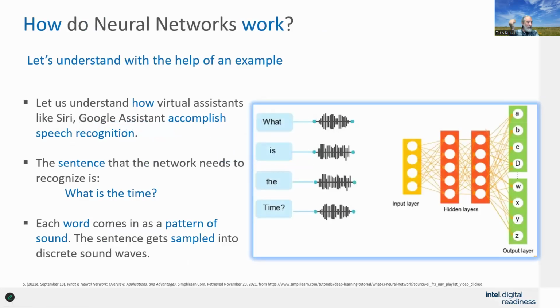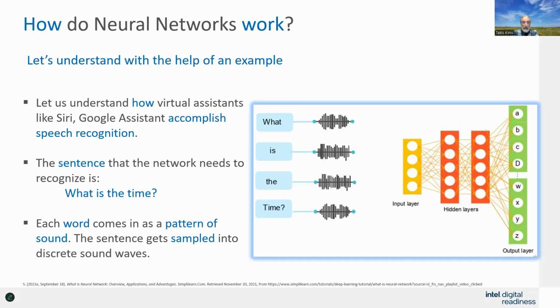All right. So a little bit of an example here. They're using the example of a voice assistant, like Siri or Google Assistant or Alexa or something like that. When they listen to your voice, for example, and I say, "What is the time?" Right? It has to break down and understand that there are 4 different words being spoken.